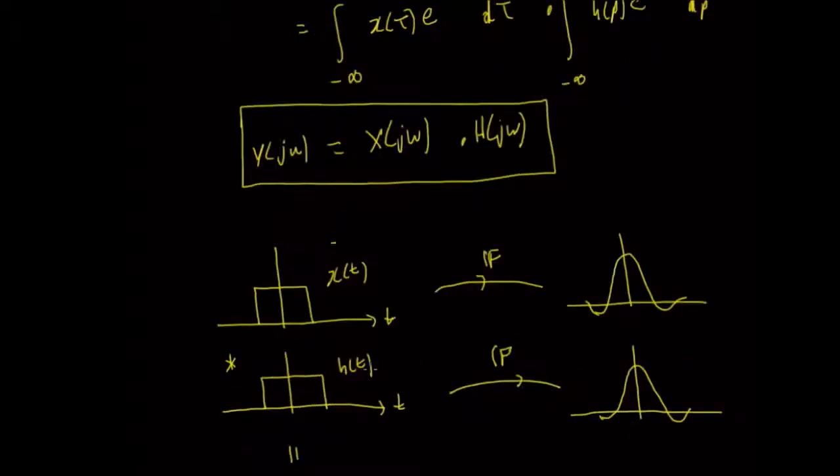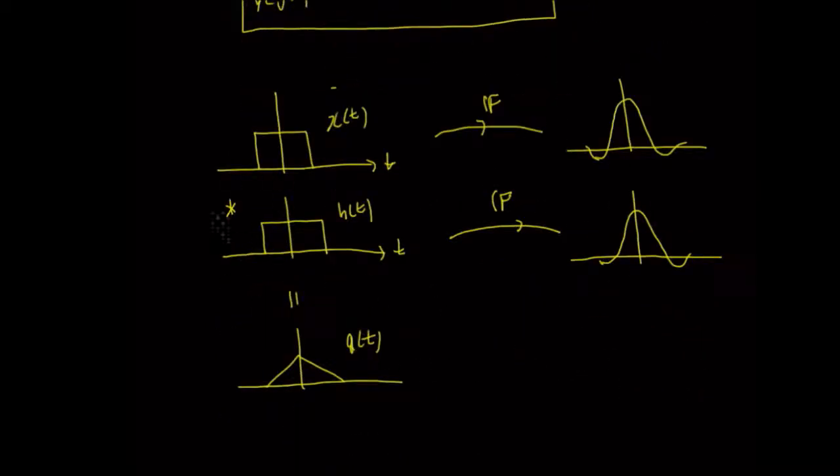Now it's our contention that whenever we convolve in the time domain, it's equivalent to multiplying in the frequency domain. So what we should get out here when we multiply in the frequency domain is this sinc function times this sinc function. You're going to get sinc squared.